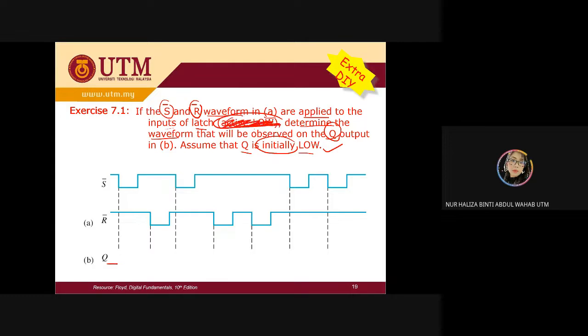Sometimes it's not given like this, but from here you know already, this is SR. Okay, for active low, if you still remember, 0, 0 is invalid; 0, 1, with S bar and R bar, is going to be set; 1, 0 will be reset; and 1, 1 will be no change.